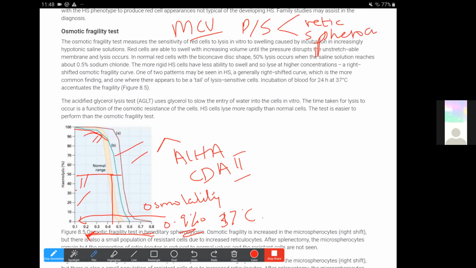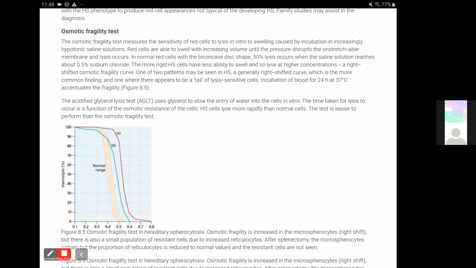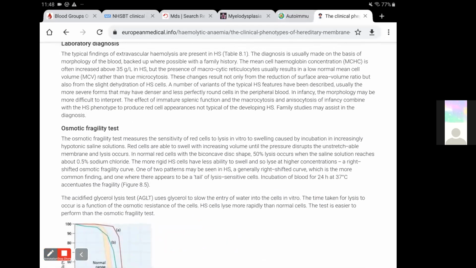Because of this, the MCV may be low or low normal, and may not reflect the true decrease in MCV, although the MCHC is characteristically increased, maybe more than 35 gram per liter.